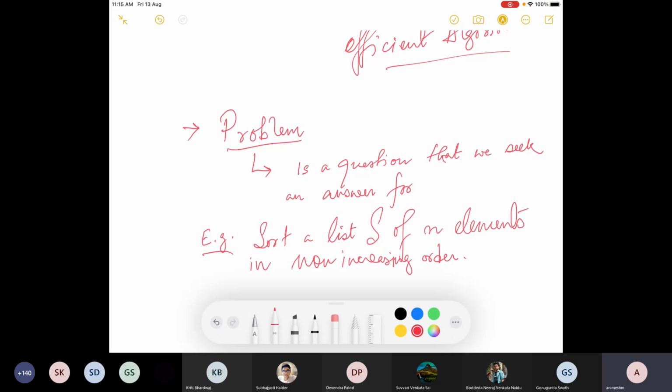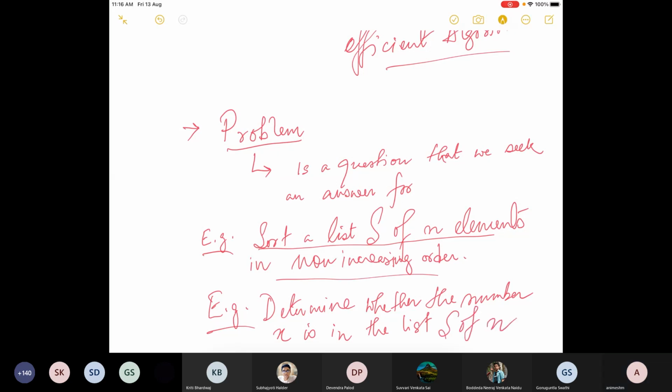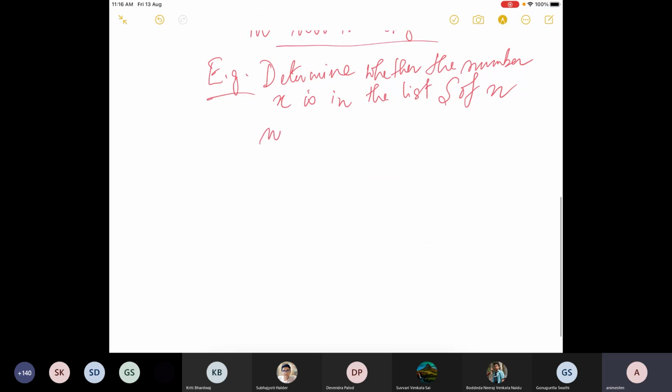Another similar example could be: determine whether the number x is in the list S of n numbers.